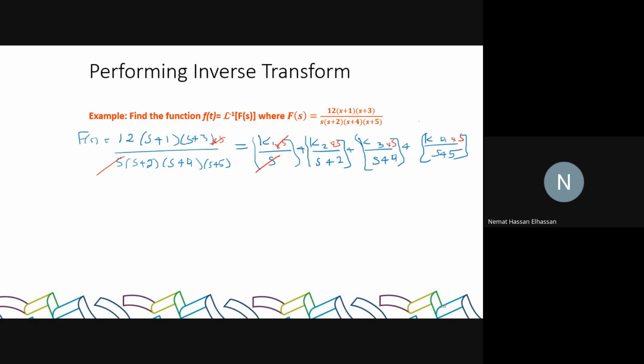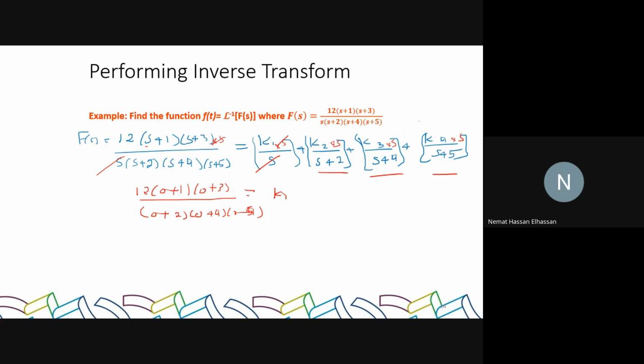If S is 0, what will happen to the right hand side of the equation? If S is equal to 0, this will be 0, this will be 0, this will be 0, right? So the right hand side of the equation will only have K1. The left hand side of the equation will have what? 12 times (0 plus 1) times (0 plus 3), divided by (0 plus 2) times (0 plus 4) times (0 plus 5), right?